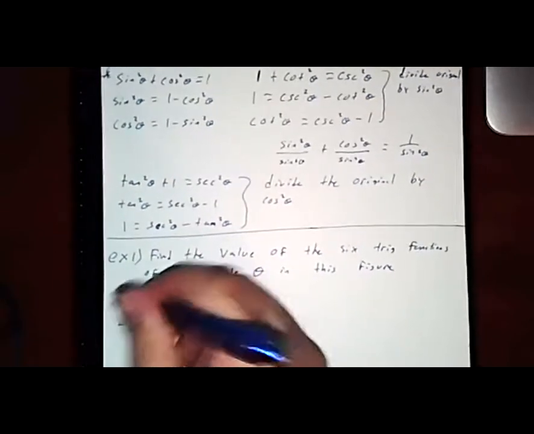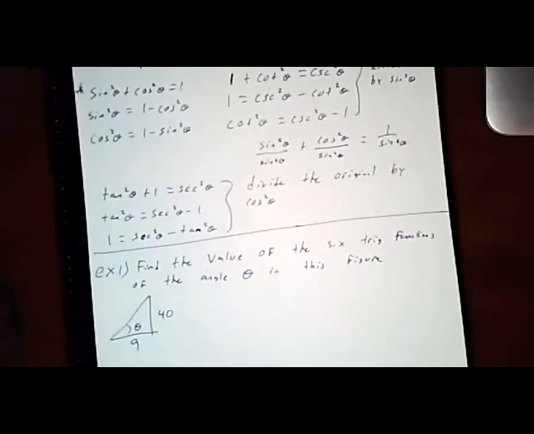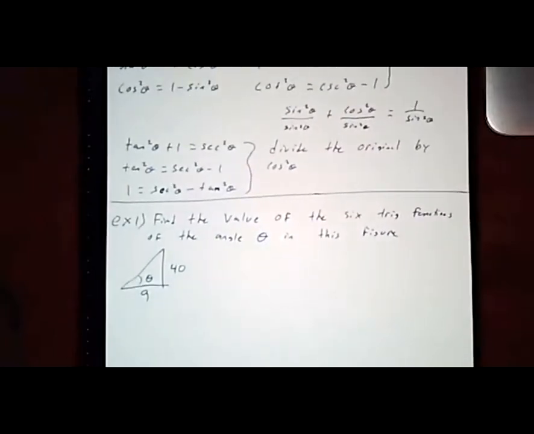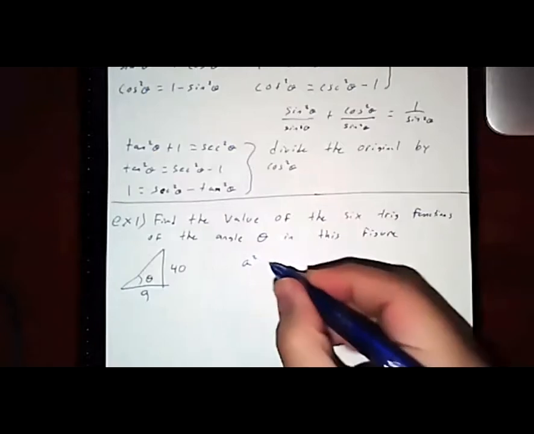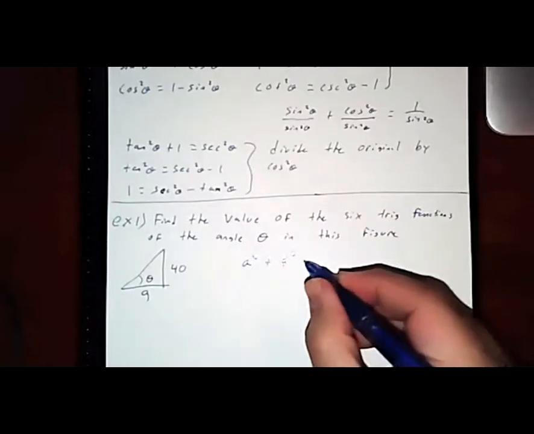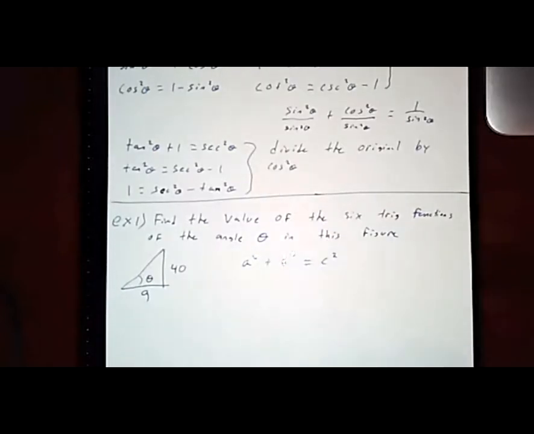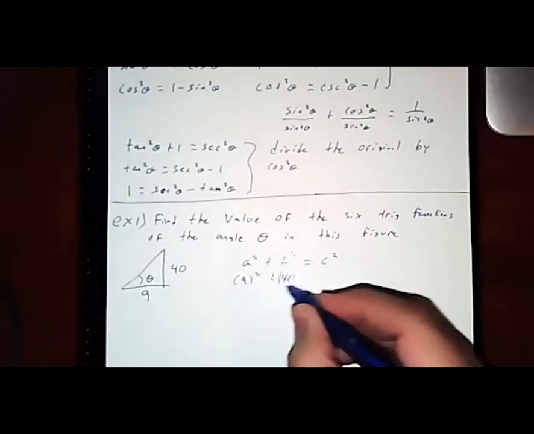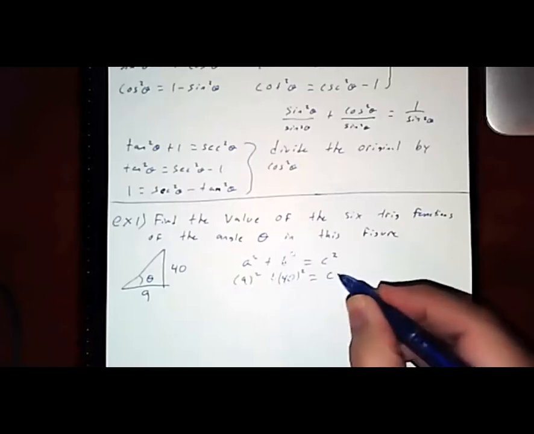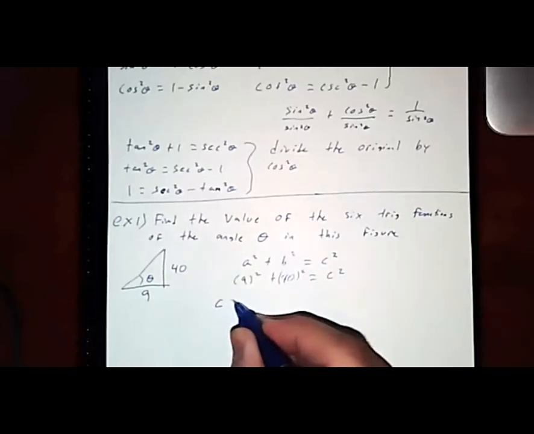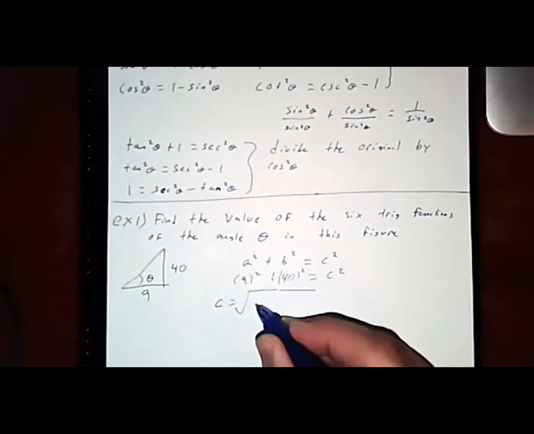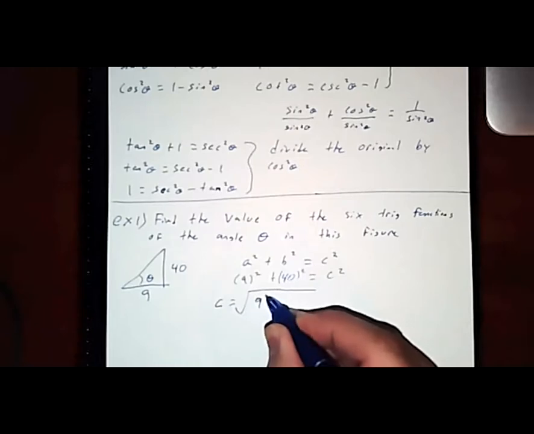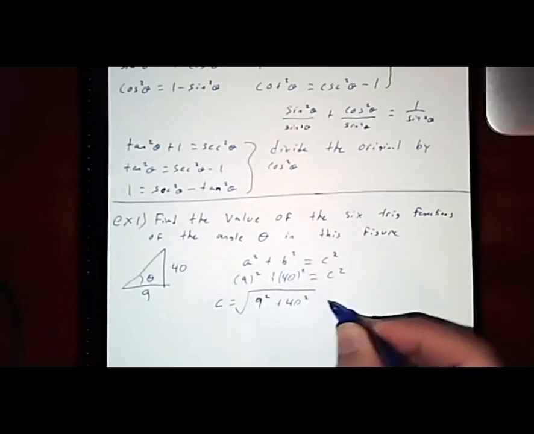But if they did not give you the hypotenuse, how would you find it? What would you do? Sometimes they give you missing pieces. A squared plus B squared equals C squared. Yeah, right. We've done this before. We can make sure we use it again. So we'd have 9 squared plus 40 squared equals c squared, which implies that c is equal to the square root of 9 squared plus 40 squared.